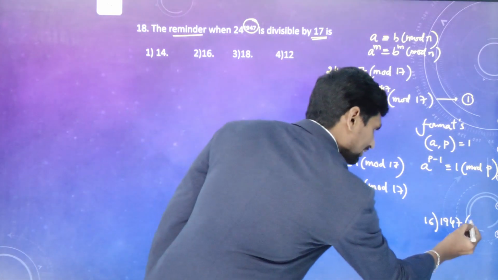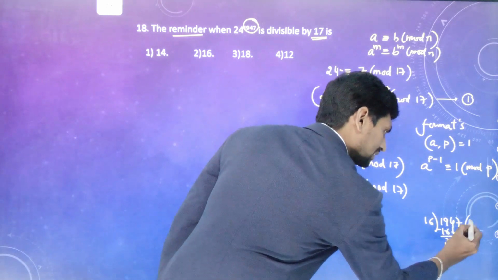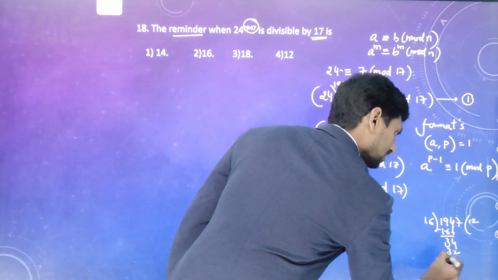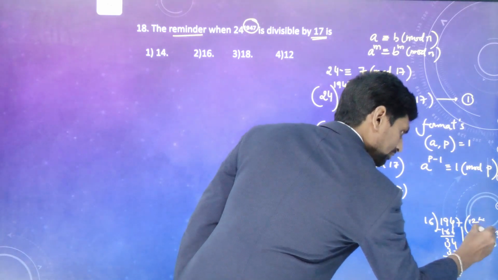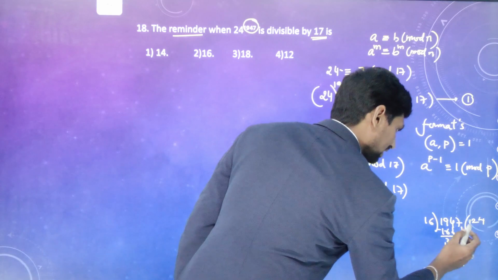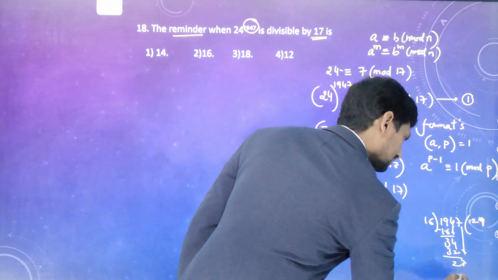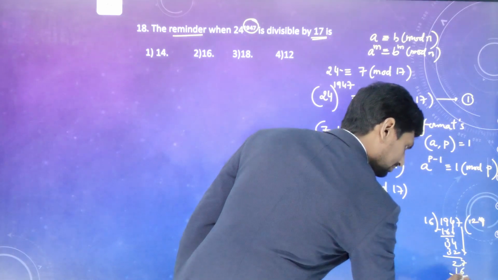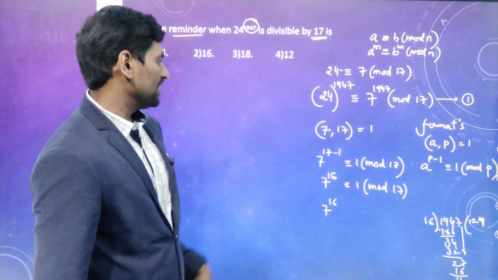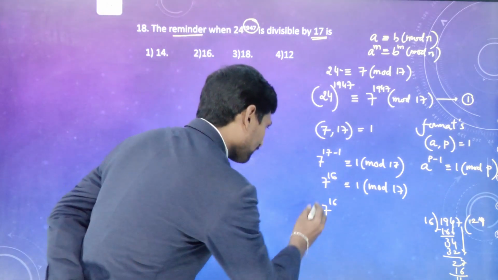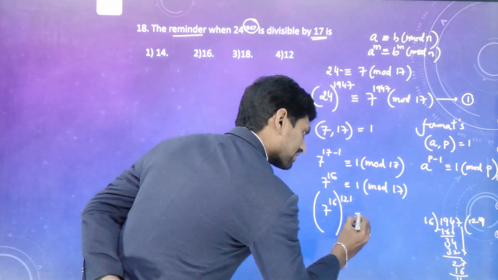Okay. 16 ones are 16. 3 remainder, 4 down. 2 is 32. 2 remainder, 7. 4s. Okay, sorry. 16 ones are 16. Remainder is 11. That means in 16 table, we can increase up to 121 times.